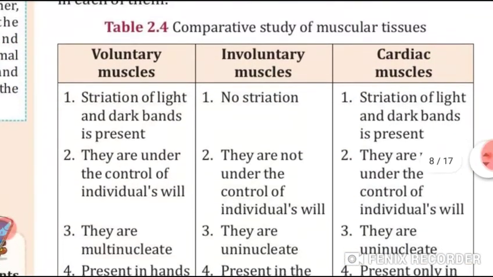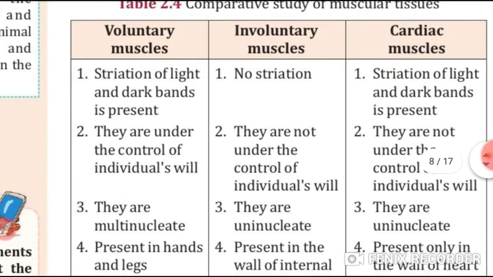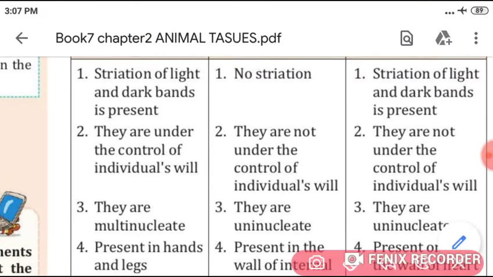Now students, there is one comparative study of this muscular tissue. Just have a look at them also: voluntary, involuntary and cardiac muscles. What is the first? Striation of light and dark bands is found in voluntary, but no striation is found in involuntary. Striation of light and dark bands is found in cardiac muscles. Voluntary muscles are under control of individual's will, while involuntary muscles are not under control.